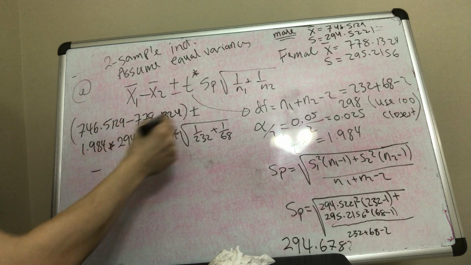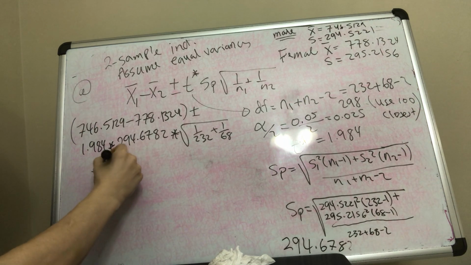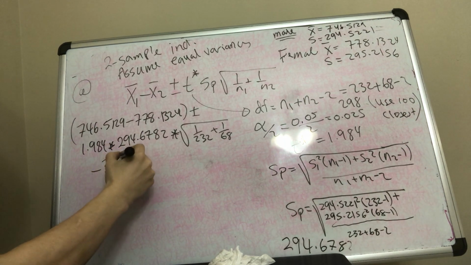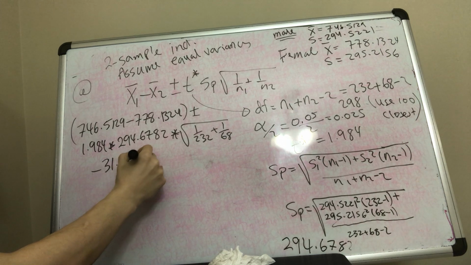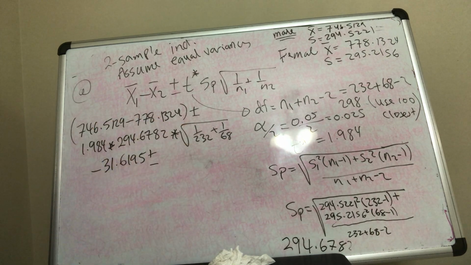So just doing the part before the plus minus, I get negative 31.6195. Now I'll do the part after the plus minus.